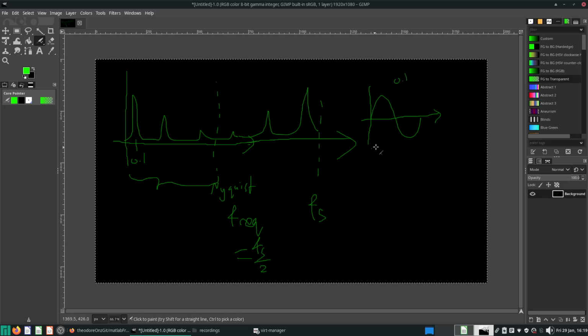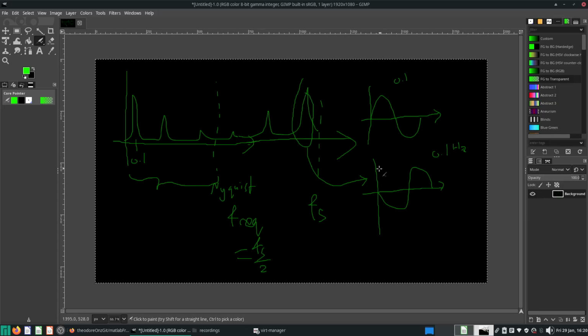But a sine wave can also be like this, which is also a 0.1 hertz sine wave. Both of them are the same frequency, just 180 degrees out of phase.